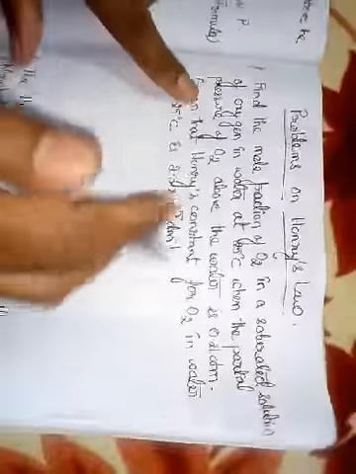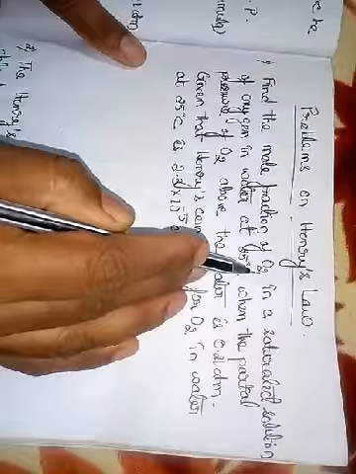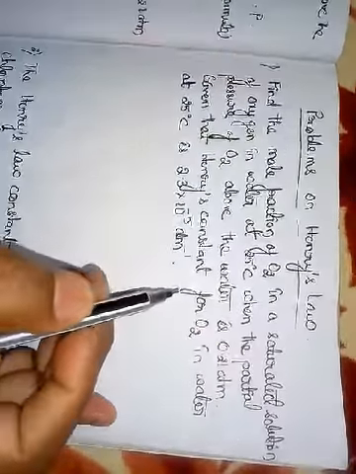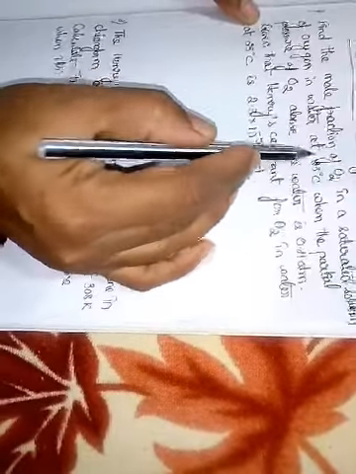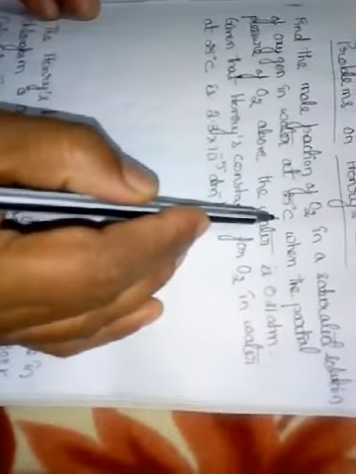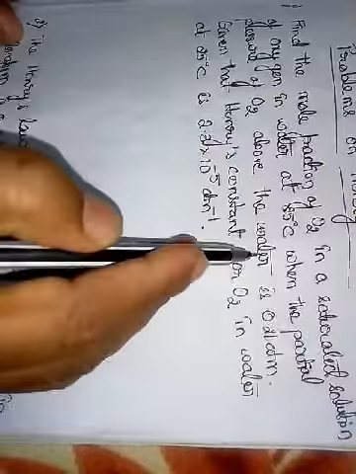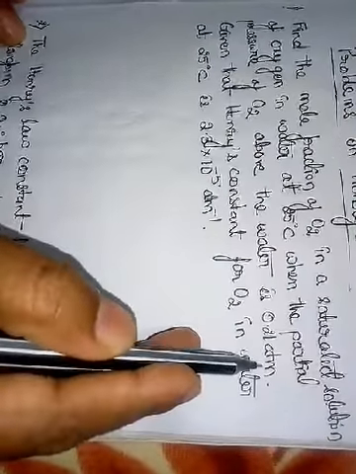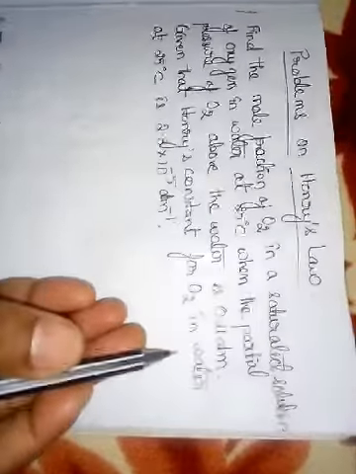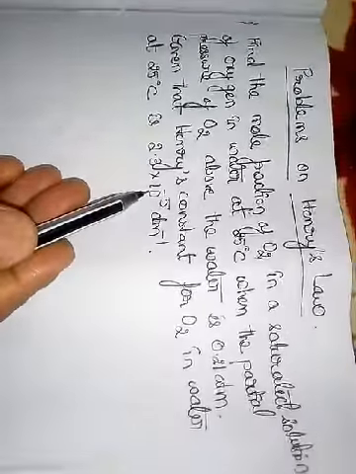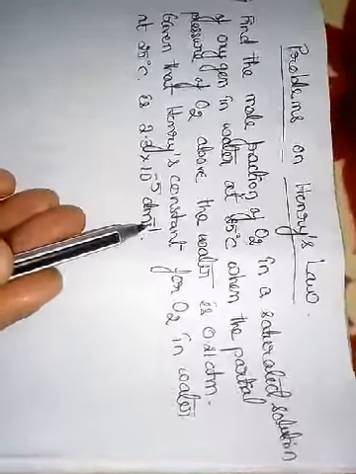Now the numerical is, find the mole fraction of O2 in a saturated solution of oxygen in water at 25 degrees Celsius when the partial pressure of O2 above the water is 0.21 atm, given that Henry's constant for O2 in water at 25 degrees Celsius is 2.3 into 10 to the power of minus 5 atm inverse.